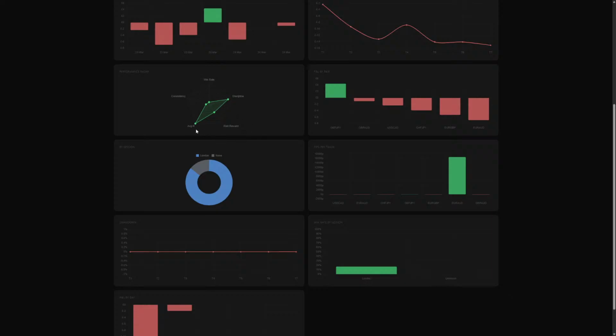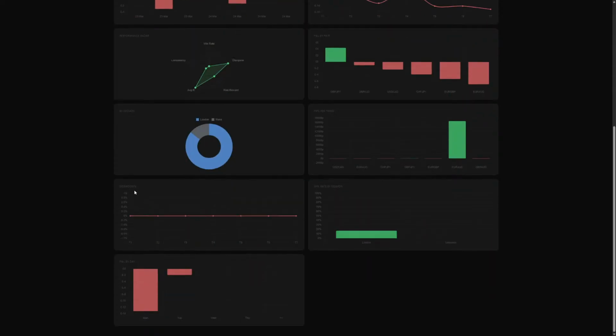And here you have a performance radar. And this performance radar essentially tells you how good your discipline is, win rate, consistency, this risk reward ratio. Consistency is linked to win rate. Discipline is like how much you follow your rules, etc. So mentally, I'm good. It's just about me tweaking my strategy. And here's the drawdown. I don't think this is working, so I need to fix this.